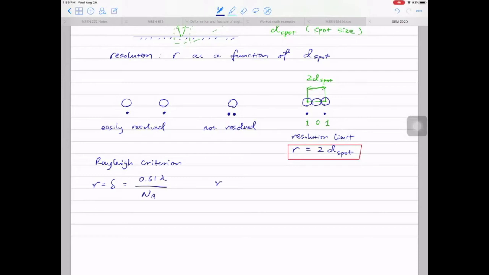R and delta here are the resolution. Lambda here is the wavelength of the source you use. And NA is something we call numerical aperture.